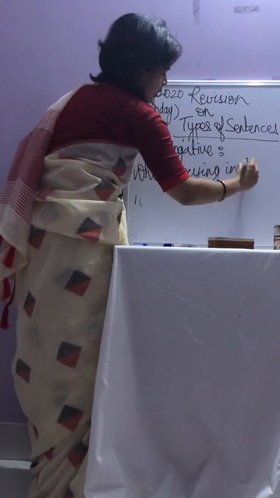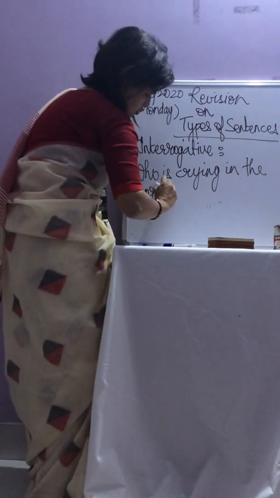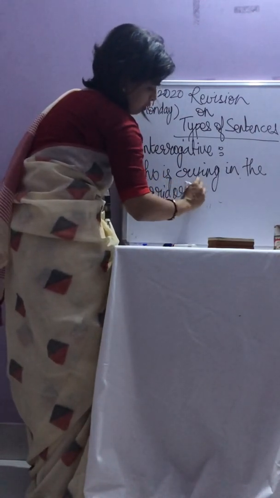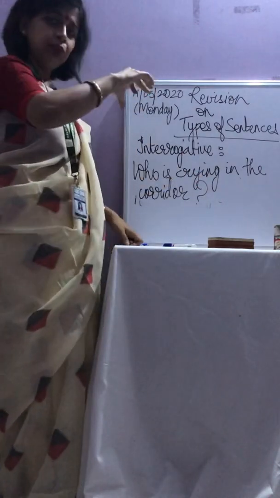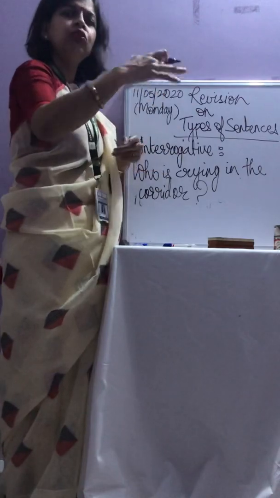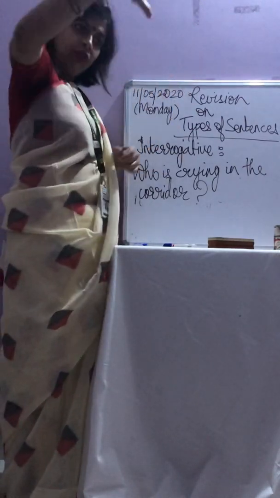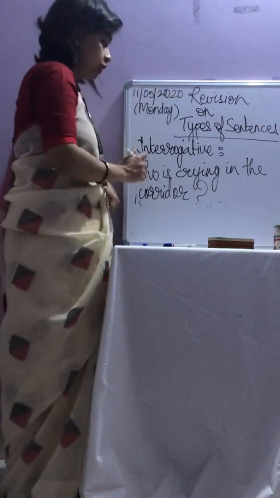Who is crying in the corridor? Corridor is the long space, okay, which might be outside the main room. There's a space where no rooms are there, or maybe rooms are, you know, on either side. So you have that space which goes through, that is called a corridor.